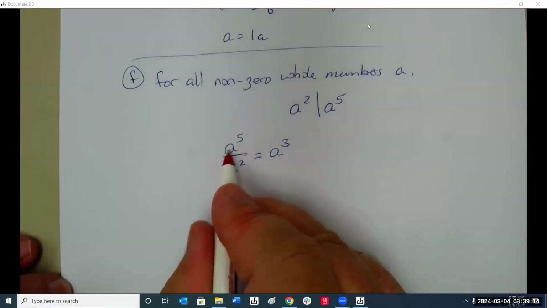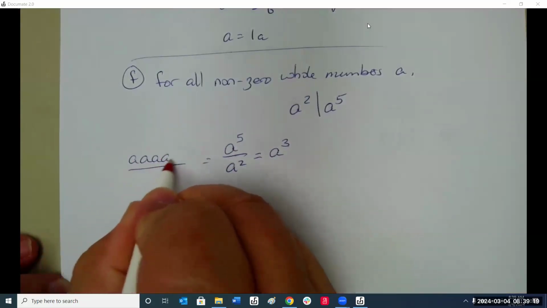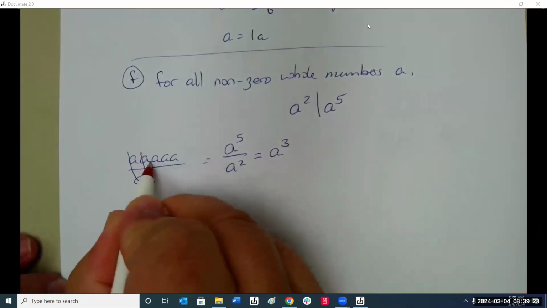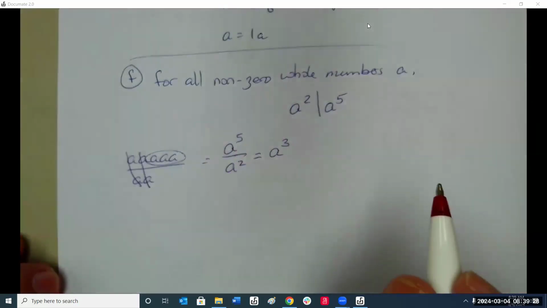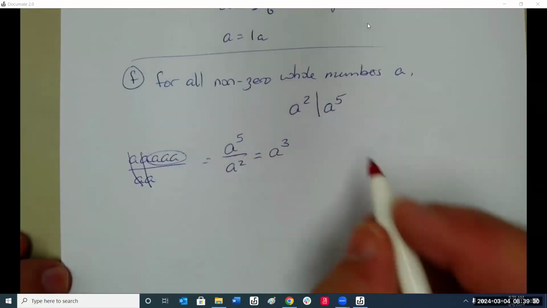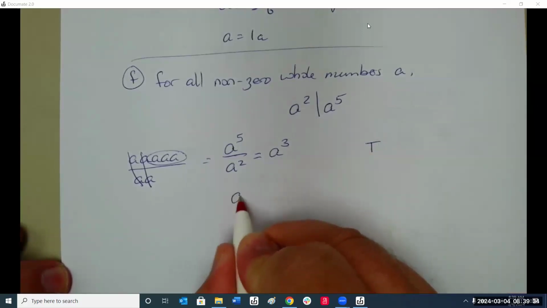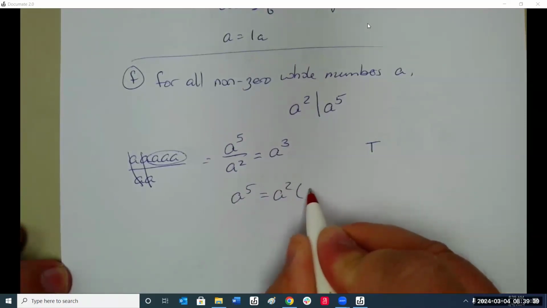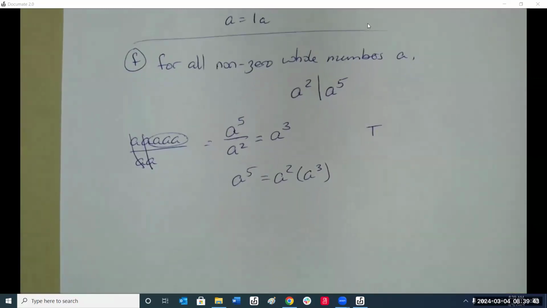Because there are 5 A's on top. There are 2 A's on the bottom. And if they cancel, I have 3 A's left. So it's true because A to the fifth only works if my quotient is A to the third. It only works if that's true.